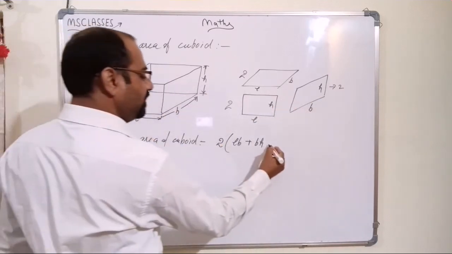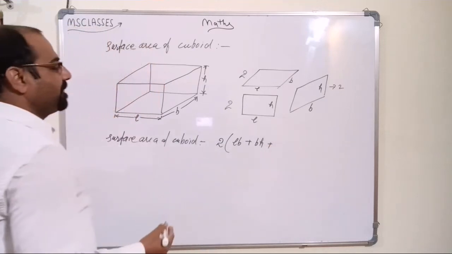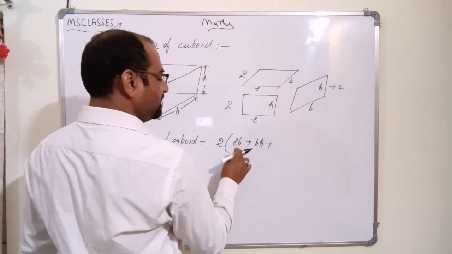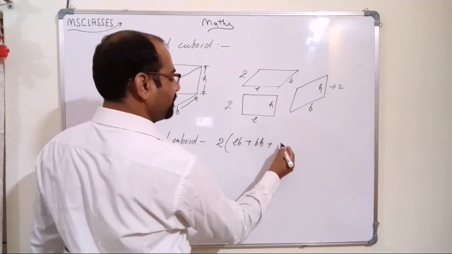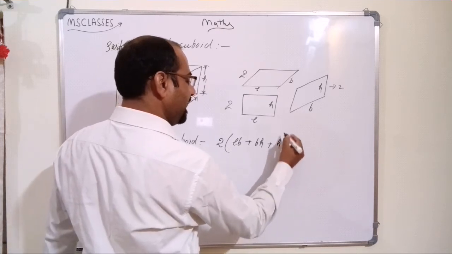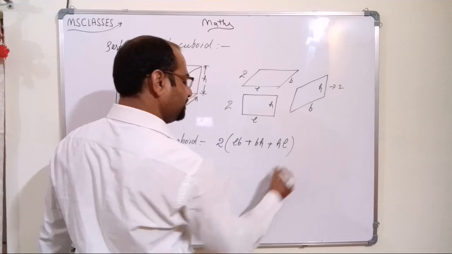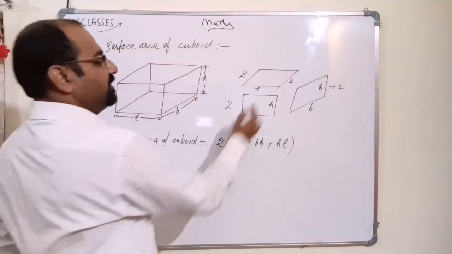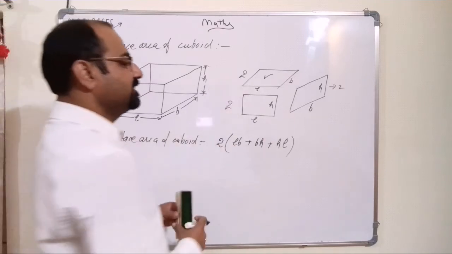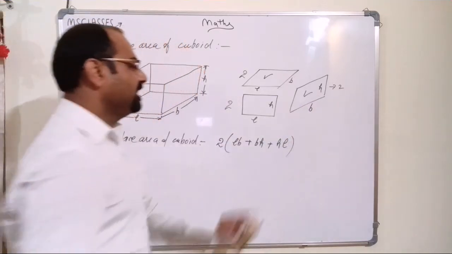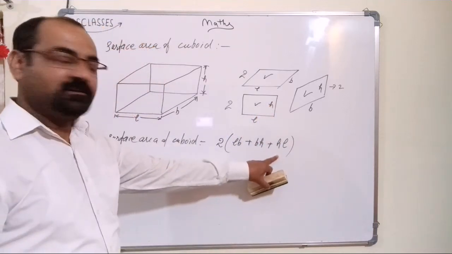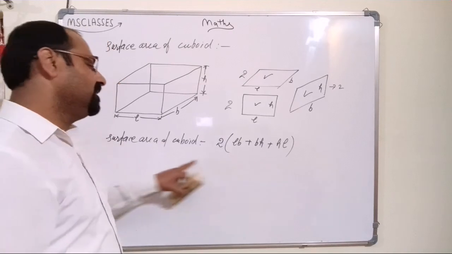And then front wall, this is length into height, H into L. First, length into breadth, 2 walls, then breadth into height, again 2 walls, and L into H or H into L, again 2 walls. This is the surface area of a cuboid.